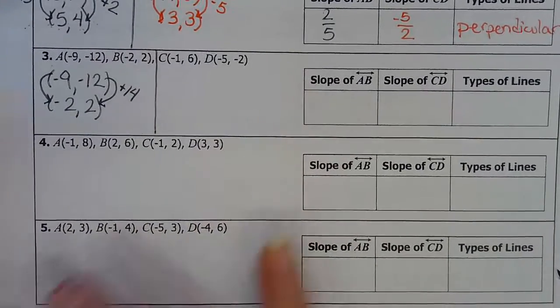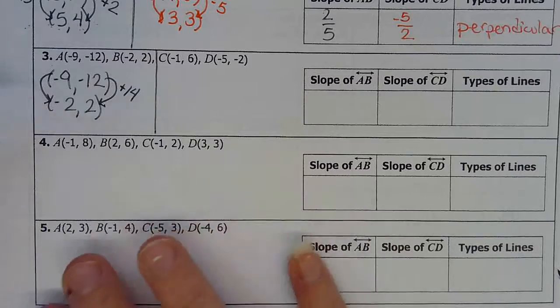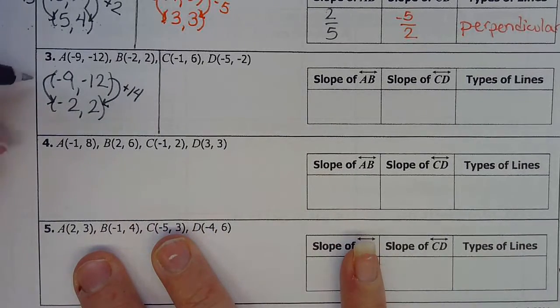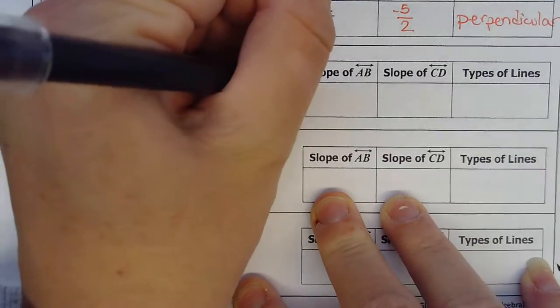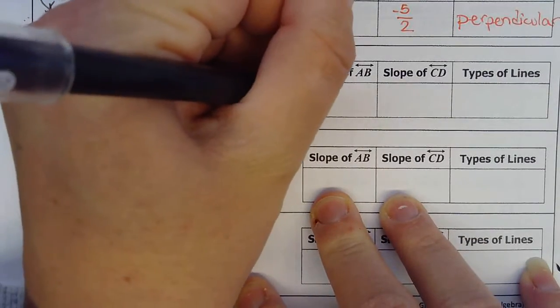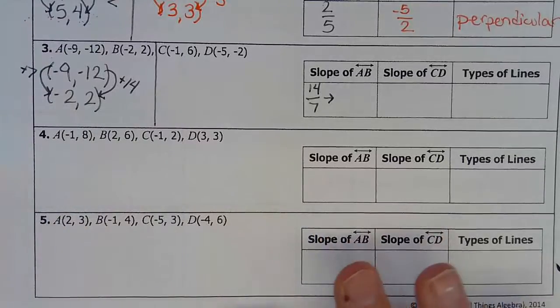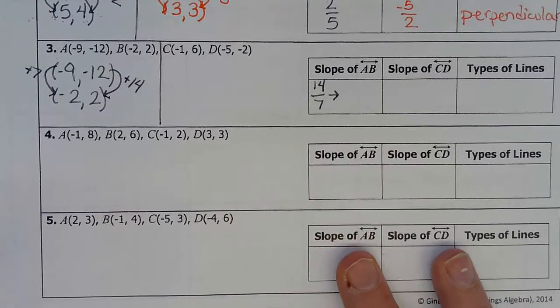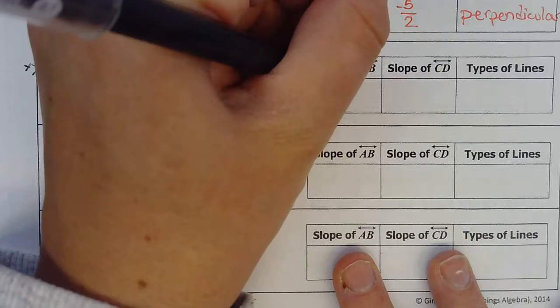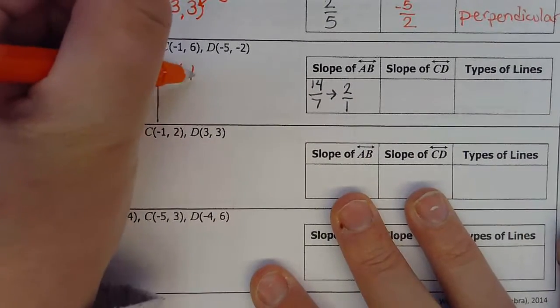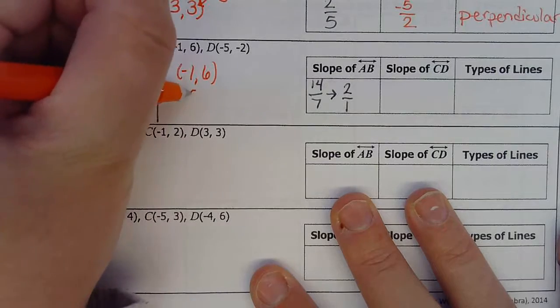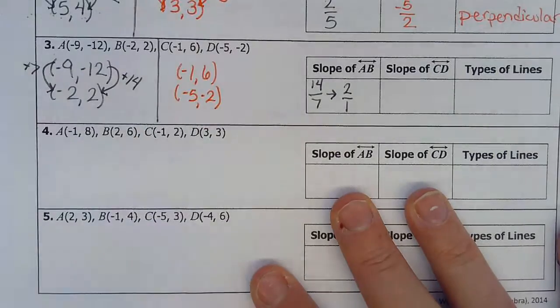All right, how do you get from -9 to -2? Plus 8. No, plus 7. So my slope is 14 over 7, but you can't leave it like that. 14 over 7 reduces to what? 2, or 2 over 1 works for me as well. I like 2 over 1. Good work. Now you got to do the same thing with the other points. You have -1, 6, -5, -2.